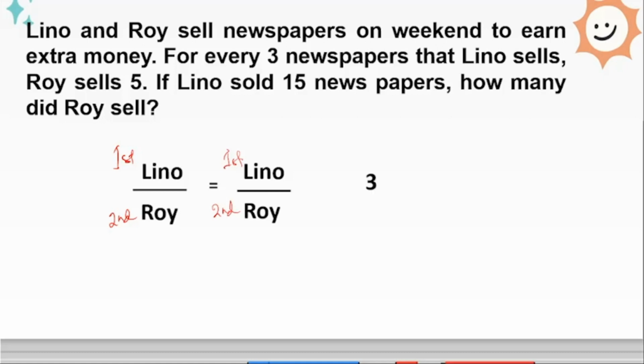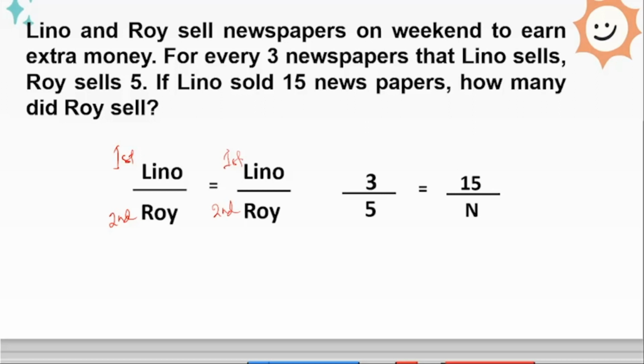3 newspapers for Lino, and 5 newspapers for Roy, as. So, nag-sell uli o nagbenta si Lino ng 15 newspapers. Ang hahanapin natin ng kasagutan ay yung kay Roy. So, siya yung magiging problem natin, hahanapan natin. So, ganyan pag-set up.